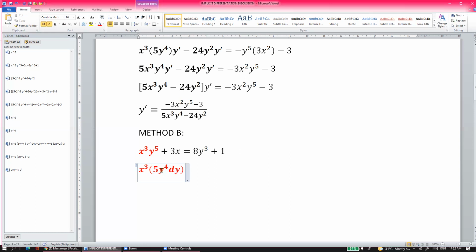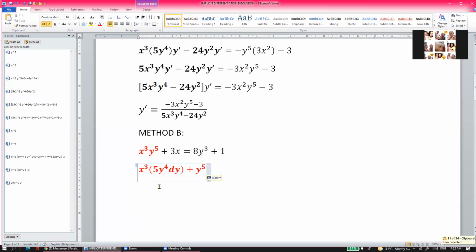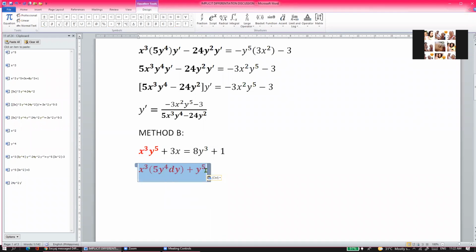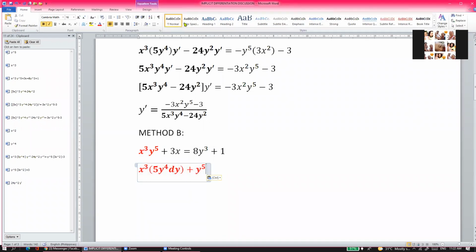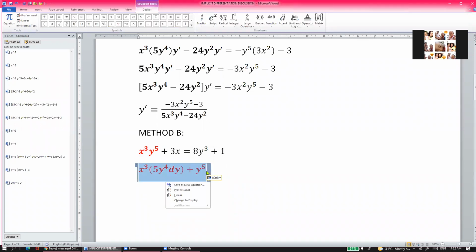Okay, plus. Ngayon naman ang kokopyahin ko is yung y to the 5th power. Copy ko siya. Yan. Ano naman ngayon ang derivative ng x cubed? So 3x squared. Lagyan ko ng parenthesis.